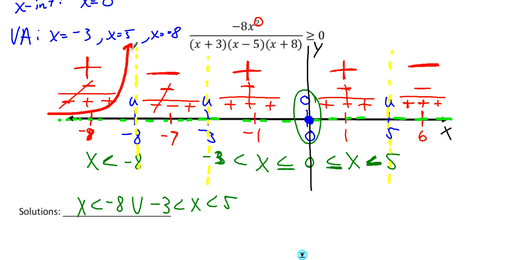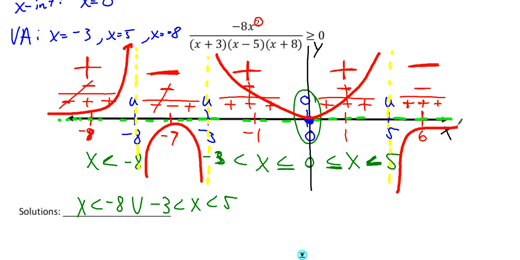In between -8 and -3, it looks like this, because no x-intercept, it's negative. Here, between -3 and 5, it's on the positive side, and that's because right here it bounces. And on this side, it's on the negative side.